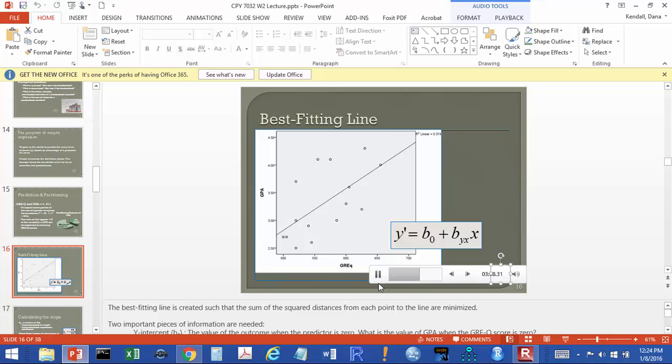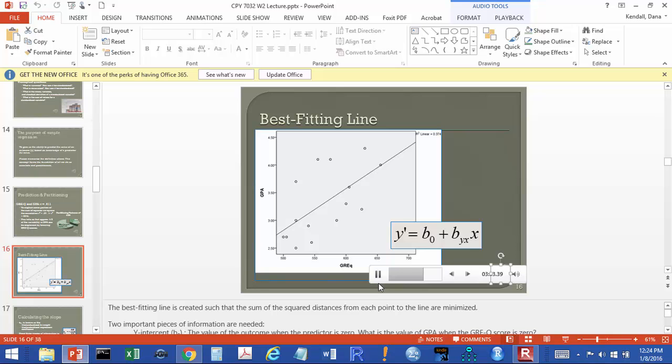Just to make things confusing, different stats textbooks refer to the predicted value in different ways. Some of them do a y with a caret over it, and they call it y hat. Some, I think Field does it in an even different way, but I'm going to use the Keith way consistently, calling it y prime, or the predicted value of y, which is the more general term.